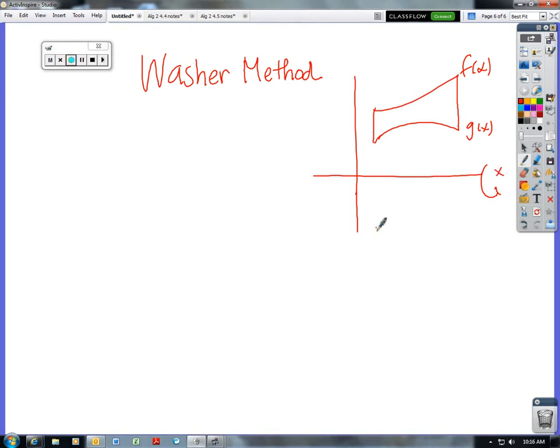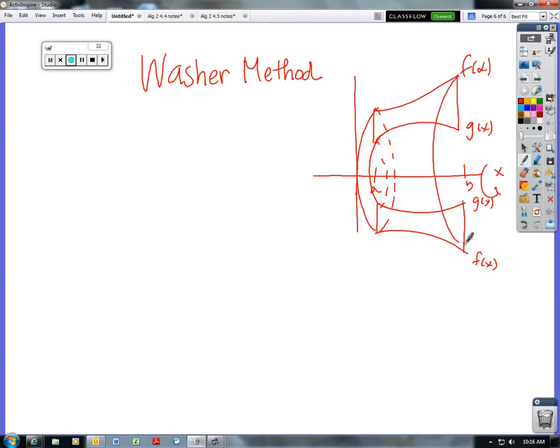So I'm going to reflect f about there and g about there, just so you can get a sense of what this is going to look like from a to b. And when I revolve it, kind of imagine the top of this thing.